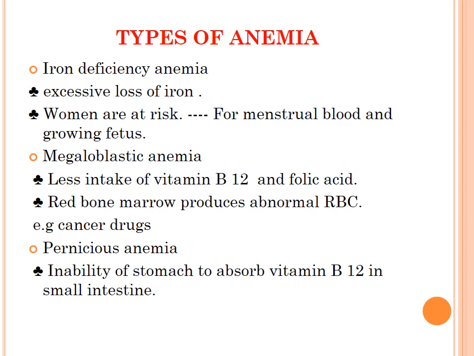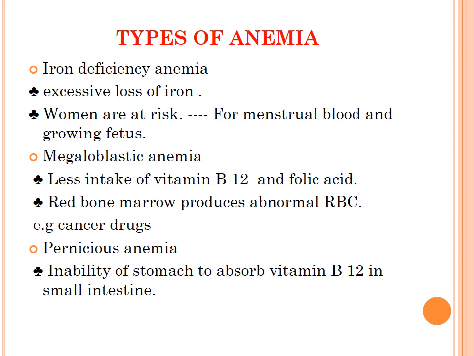First is iron deficiency anemia. It is due to excessive loss of iron. For example, women are at greater risk because they are having menstrual cycles, or during pregnancy there is a growing fetus, which leads to loss of iron and further leads to iron deficiency anemia.